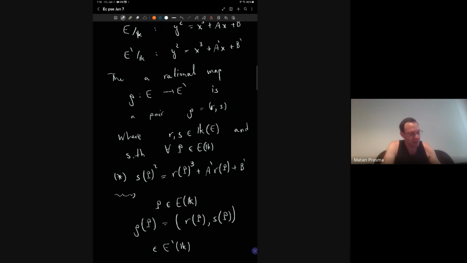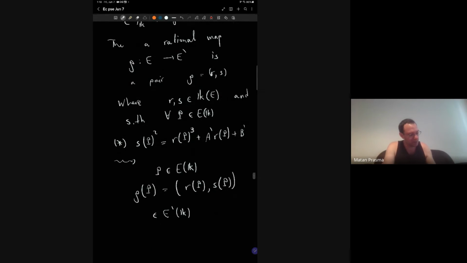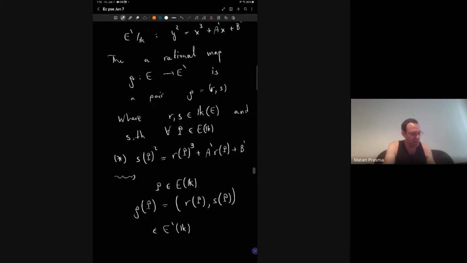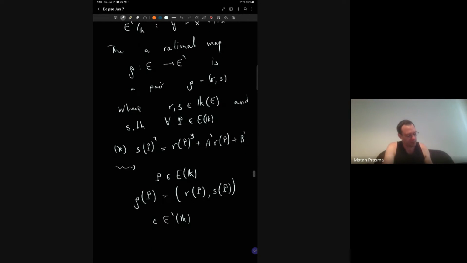You can really start from saying that you want some notion of a map between E of K and E prime of K. You have two curves, E and E prime. They are over the same field, but they have different coefficients for their equations.